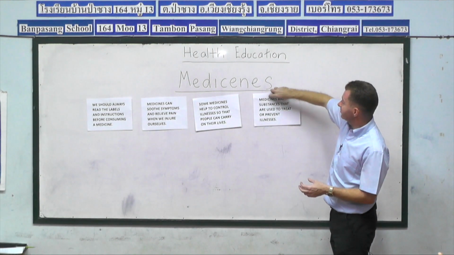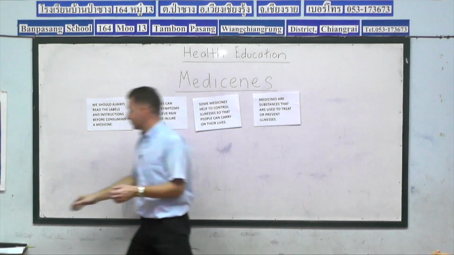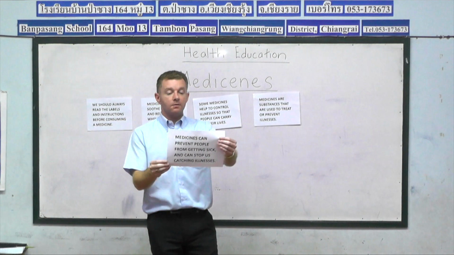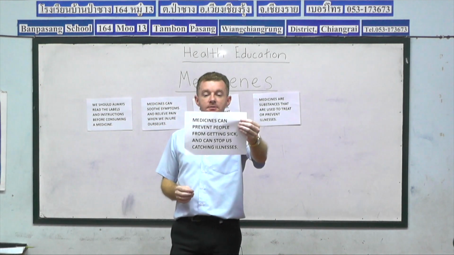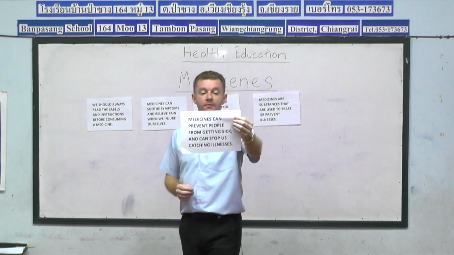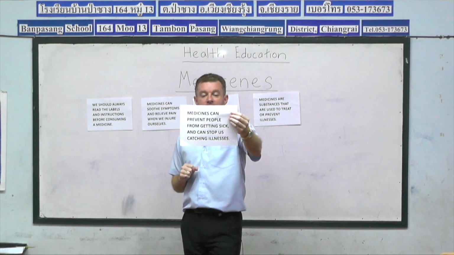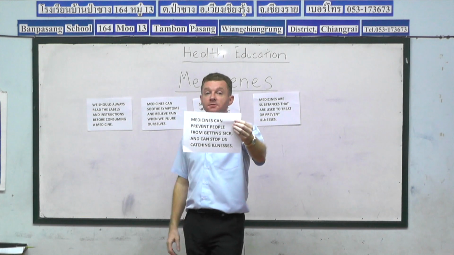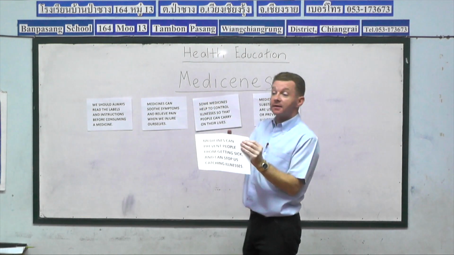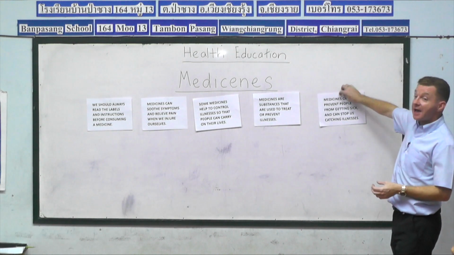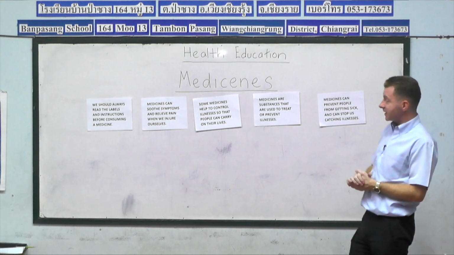So that's sentence number 4, guys. And then sentence number 5, the final one: medicines can prevent people from getting sick and can stop us catching illnesses. So there we have our 5 sentences about medicines, guys.